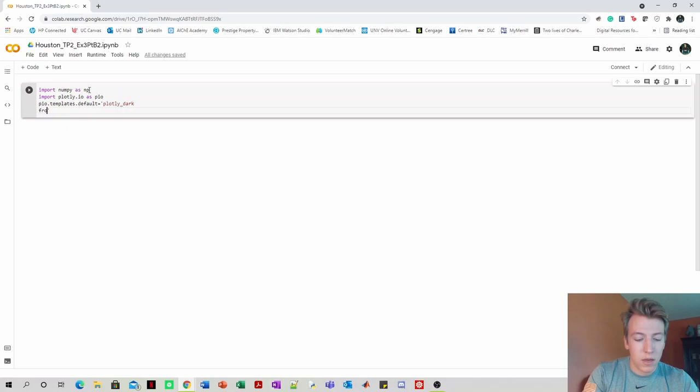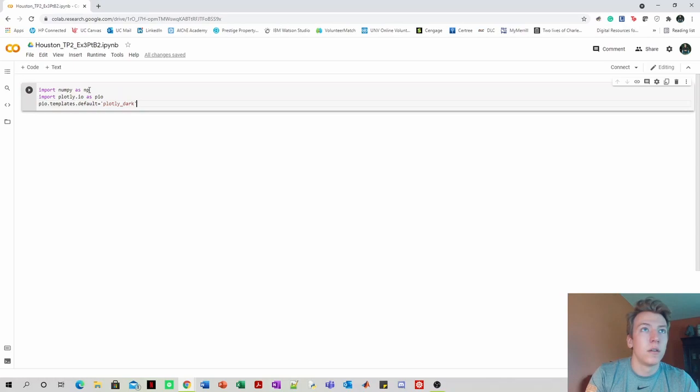Next, from plotly.subplots, and what this step is doing here is going to create, oh, hold on, I don't think I ever closed out the parenthesis or the quotation.